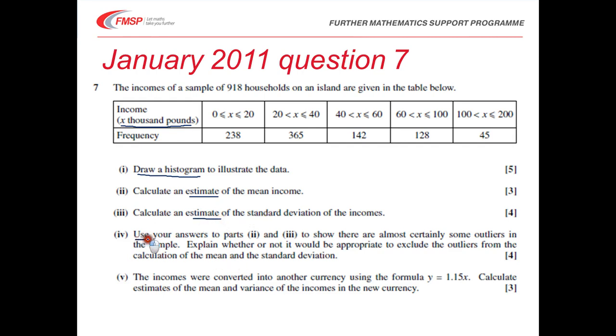Then it says use your answers to parts 2 and 3. So you've got to use that method to show that there are almost certainly some outliers, and then explain whether or not it will be appropriate to exclude those from the calculation. 4 marks here, and there's a number of things to do, and it's really important that you don't miss any of those out. And then there's a little bit of linear coding.